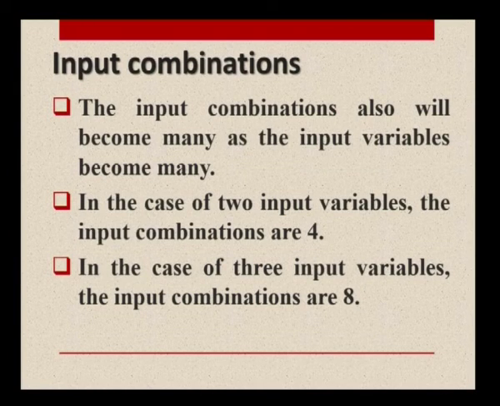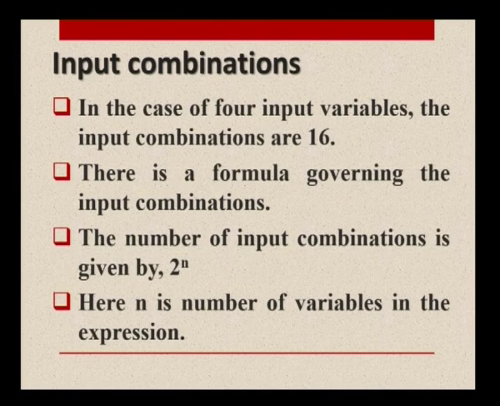The input combinations also will become many as the input variables become many. In the case of 2 input variables, the input combinations are just 4. In the case of 3 input variables, the input combinations are 8. In the case of 4 input variables, the input combinations are 16. Each time you increase the variable by 1, the combination number doubles, that you could notice.